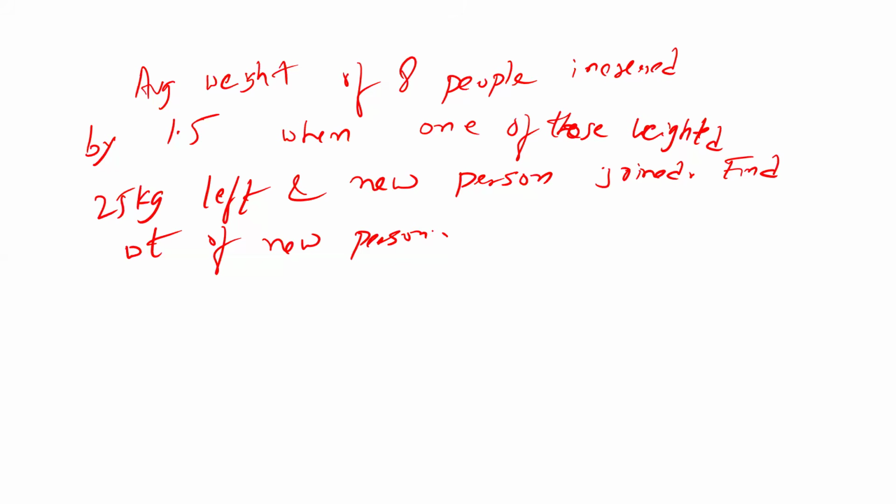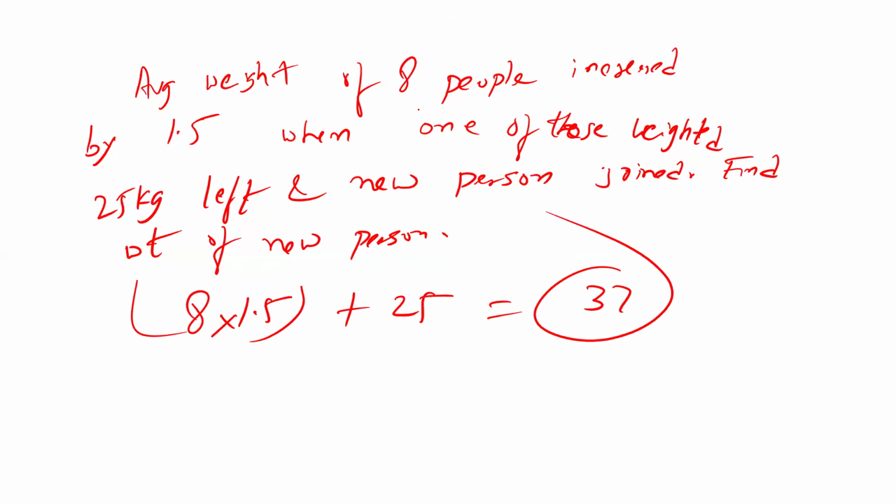Find the weight of the new person. What is the answer? 37. Yeah, that's all. 8 into 1.5 plus 25, answer 37. Now it's clear for everyone.